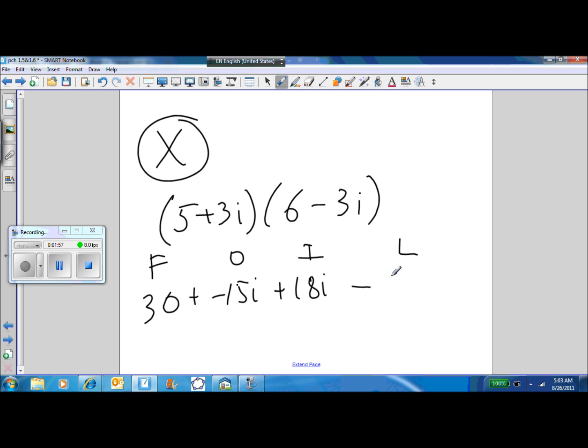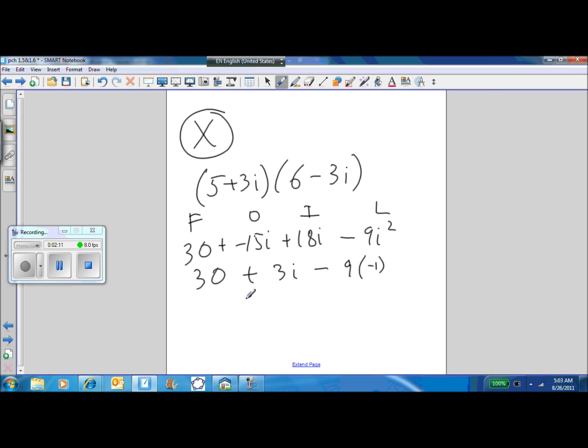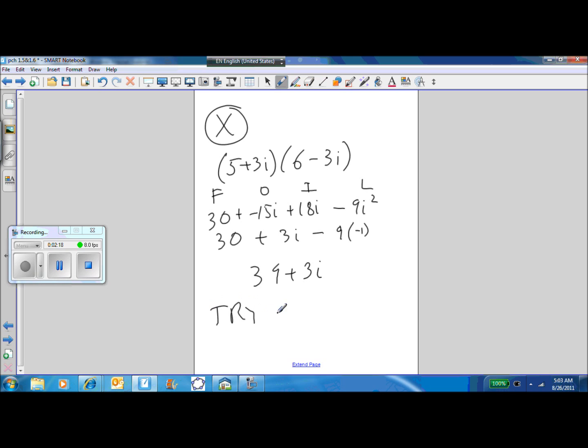Inner would be 18i. And last would be minus 9i squared. 30 plus 3i minus 9i squared. Now this is where it gets different than FOIL and polynomials. i squared, you have to remember, is -1. So that actually gives you 39 plus 3i.